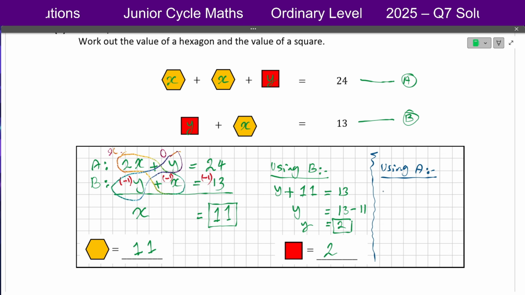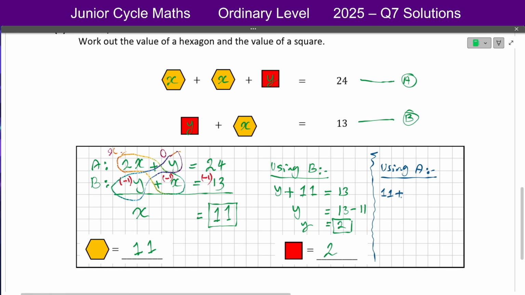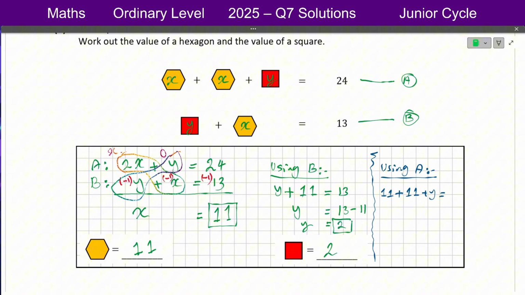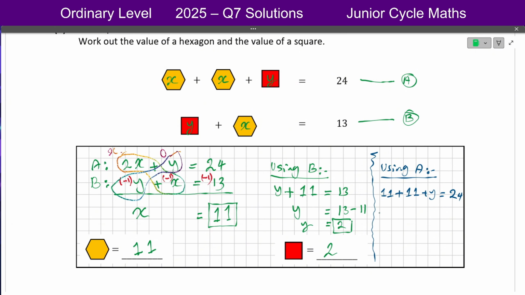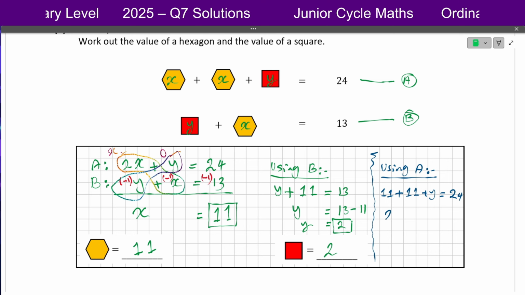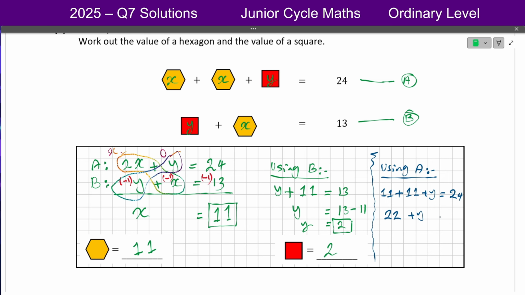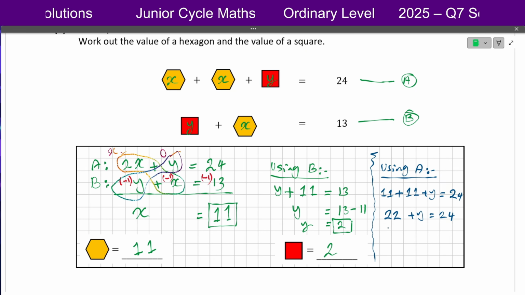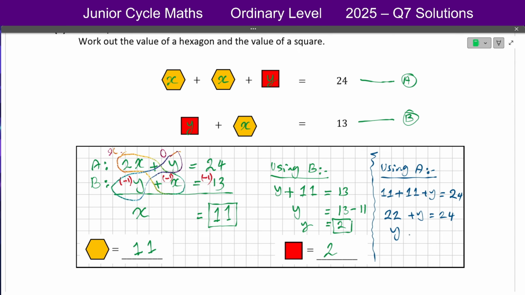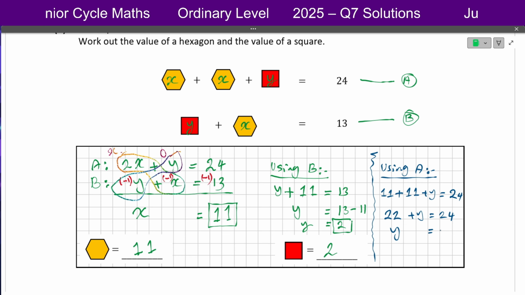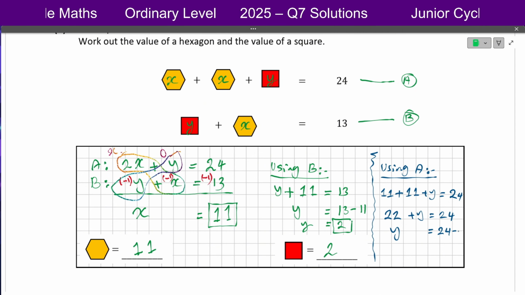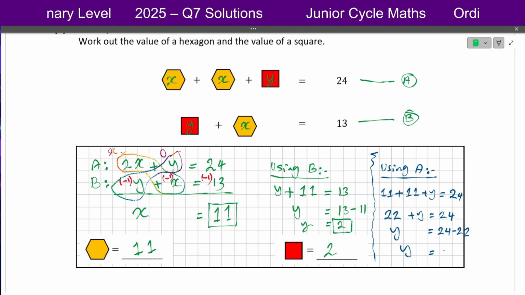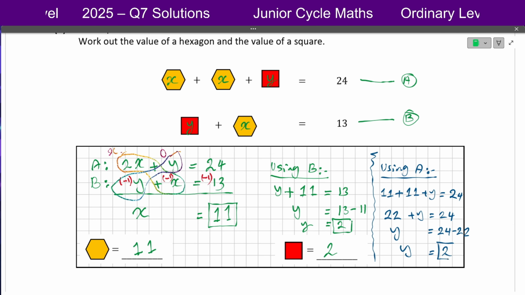So we know that x is 11, plus another x, which is also 11, plus y equals 24. That gives me 22 plus y equals 24. If we subtract 22 from both sides, we get y equals 24 minus 22, which gives y equals 2, the same answer.